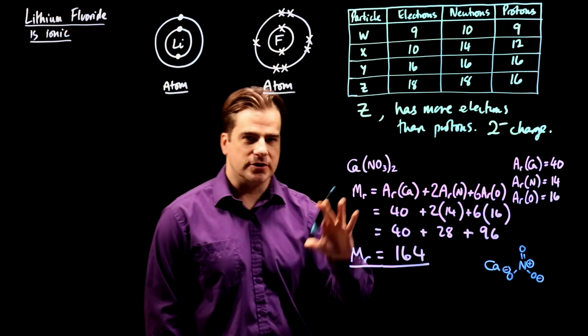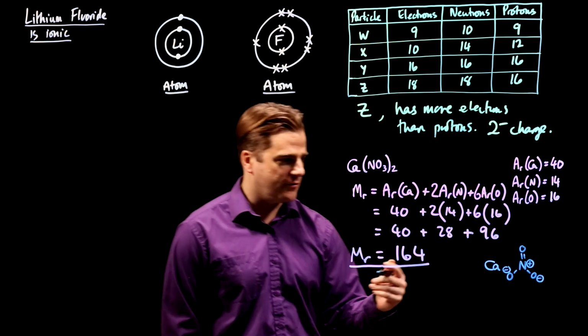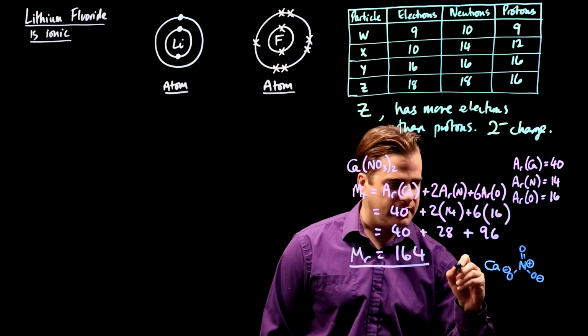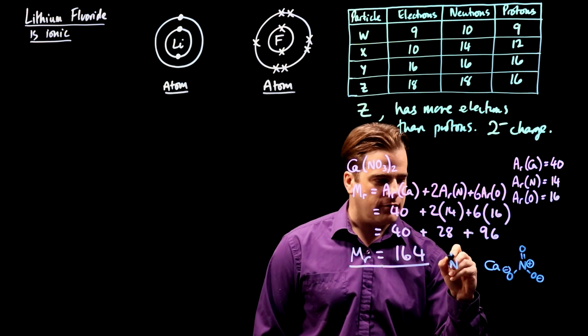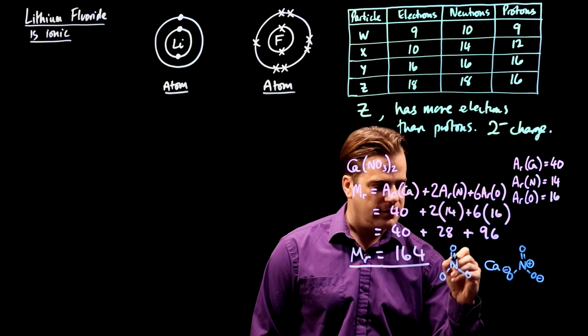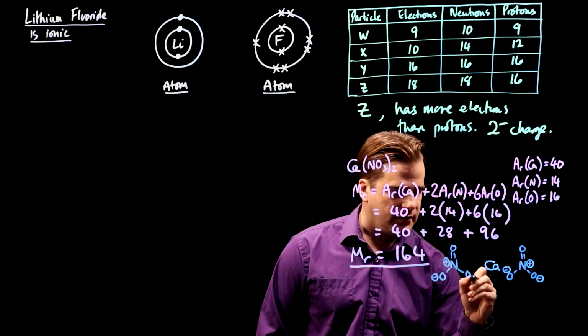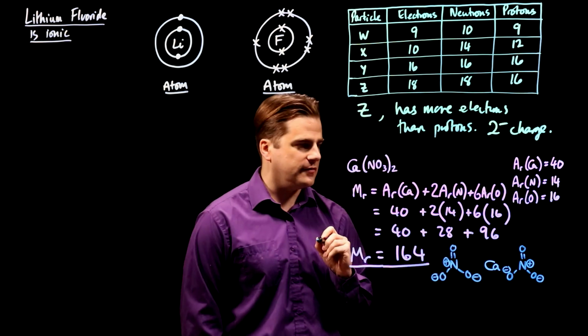Okay, don't worry too much about this. It's just a bit of fun information. Then you've got the same thing on this side. You'll have an NO3 here, which looks like this. Okay, positive charge on the nitrogen, negative charge on those 2 oxygens.